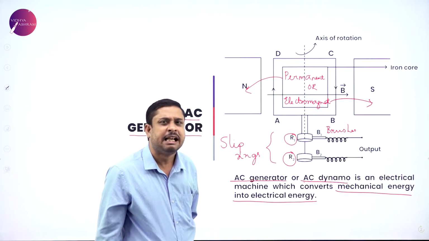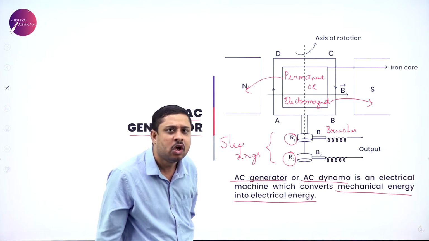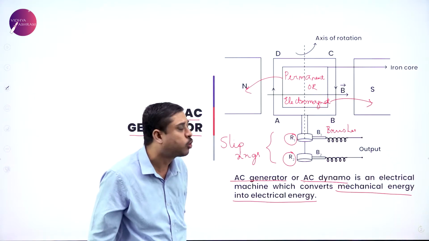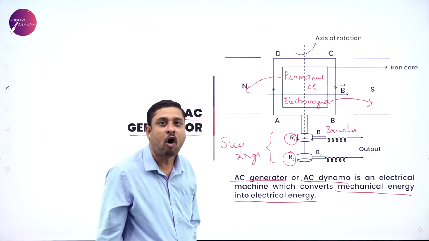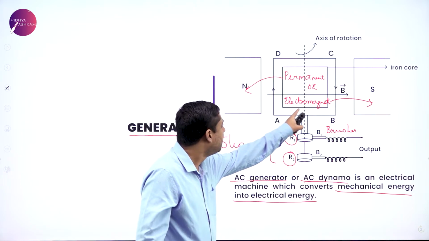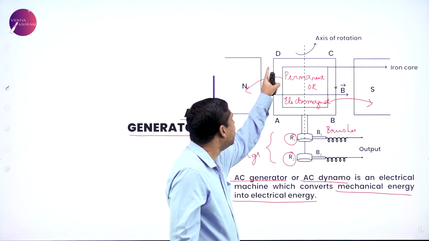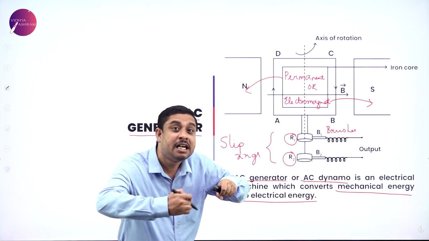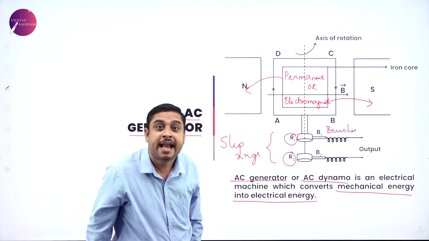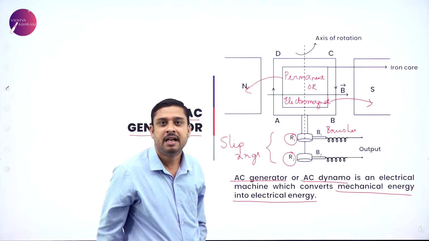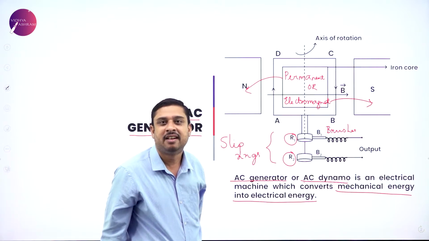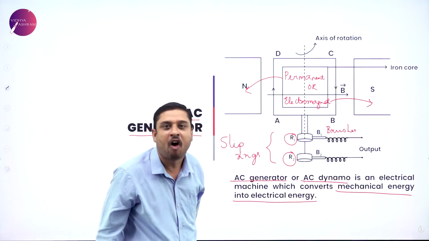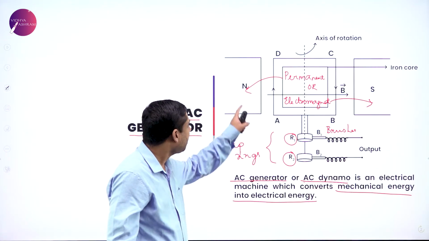So these are the key components of the AC generator. Let us recall quickly. Armature coil, A, B, C, D. What does it have? Several turns of insulated copper wire, and this copper wire is wound over a soft iron core.